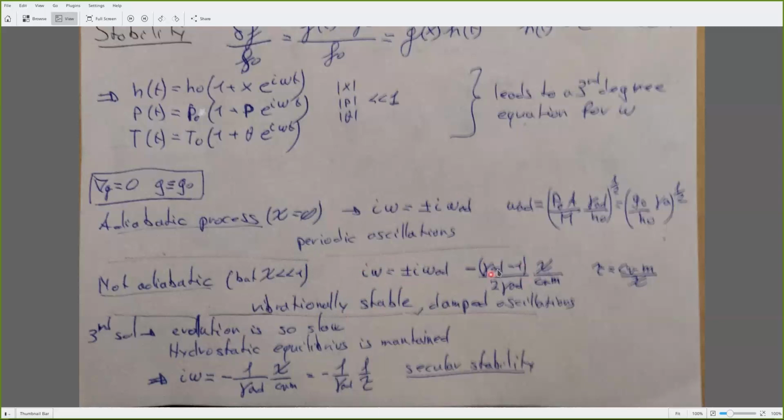You see, the adiabatic coefficient minus 1 usually is greater than 1, and everything is positive here. We can redefine this as a time, the characteristic time due to the loss, and essentially it's minus. That means that the oscillation goes down exponentially. It is what's called in fact a vibrationally stable system with damped oscillation.